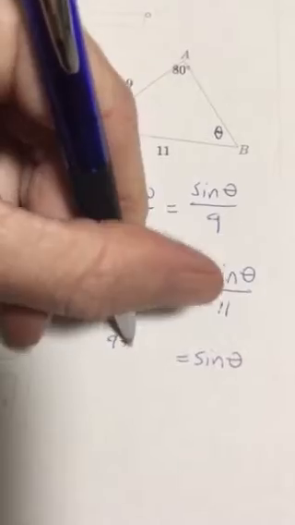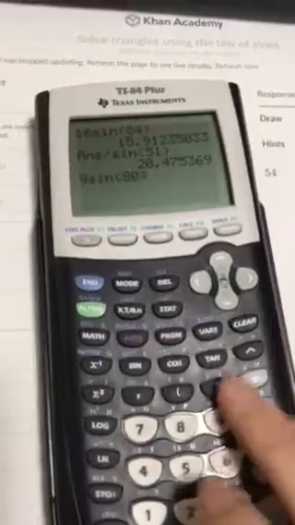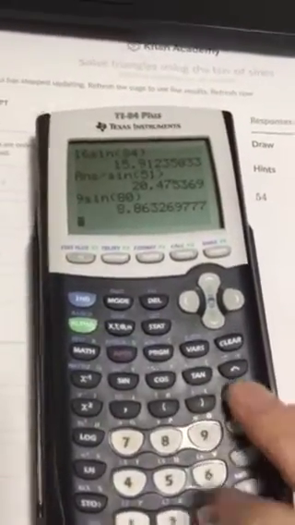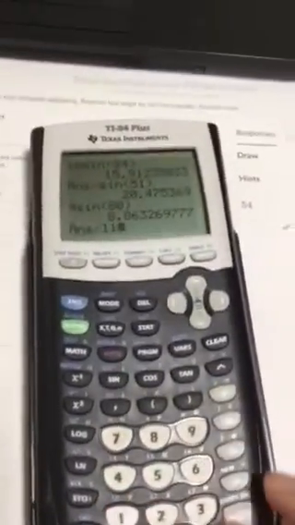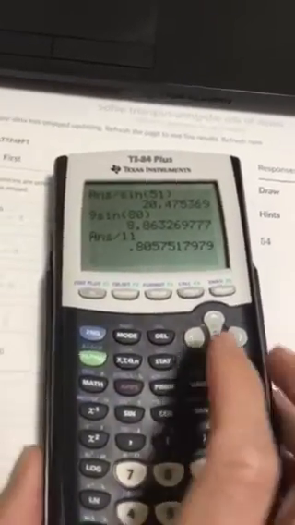That means sine theta equals 9 sine 80 over 11. I'm going to find out what that is. So 9 sine 80 divided by 11 equals 0.805. I'll just say 0.81.